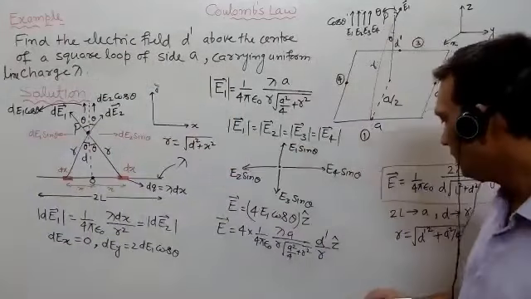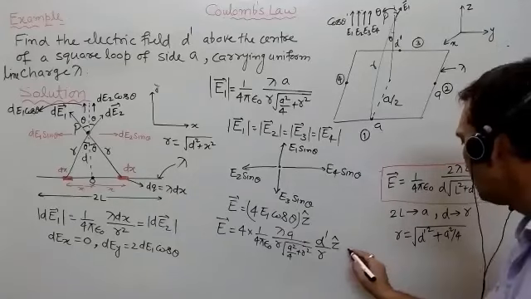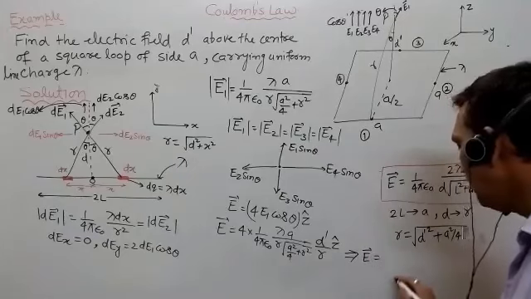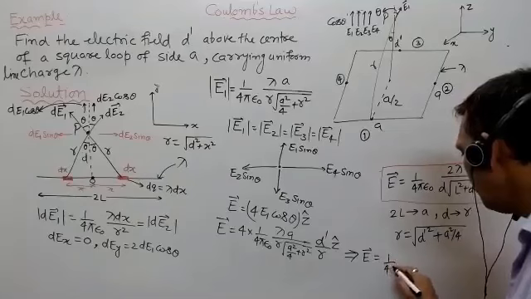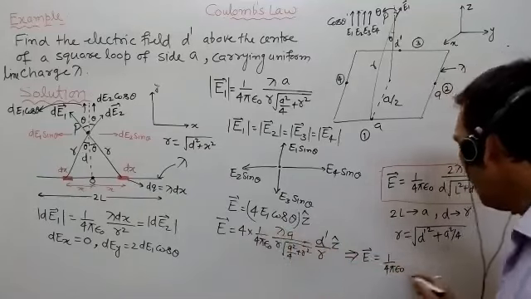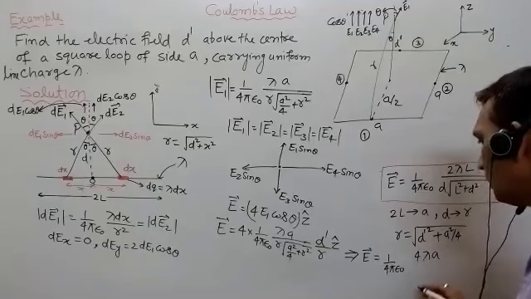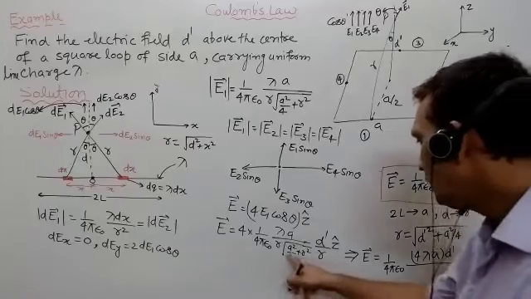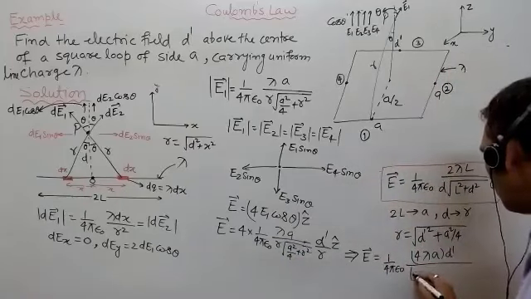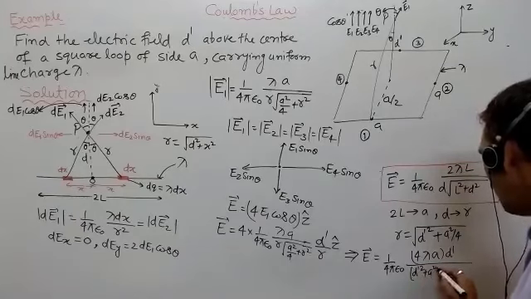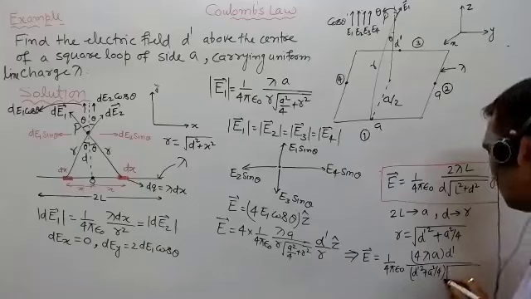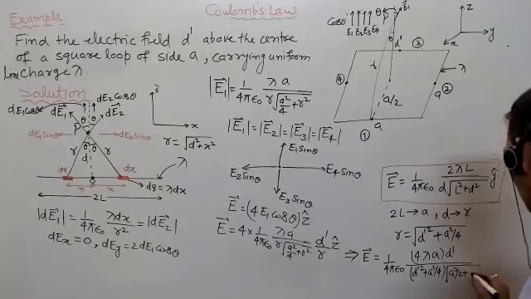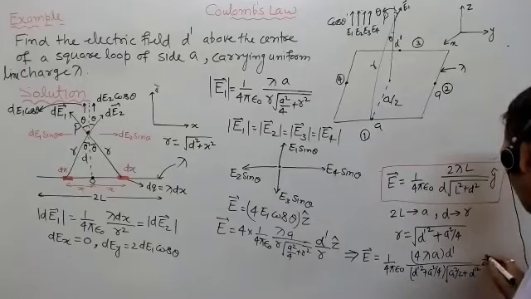So finally you can write the resultant electric field E as 1 by 4 pi epsilon naught, 4 lambda a into d dash by, this will be r square, so r square will give d dash square plus a square by 4 under root, this will give a square by 2 plus d dash square, and direction is z.